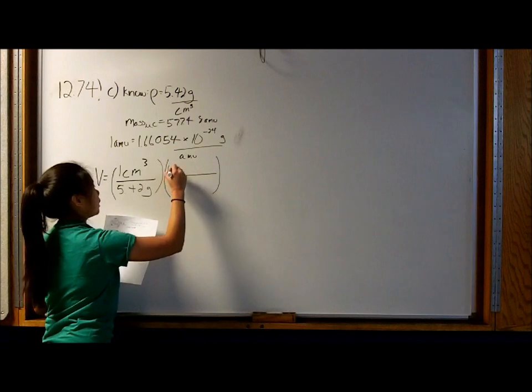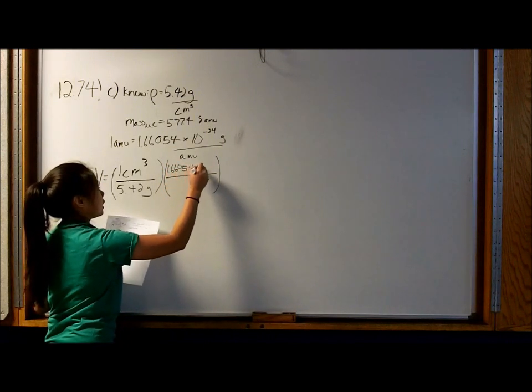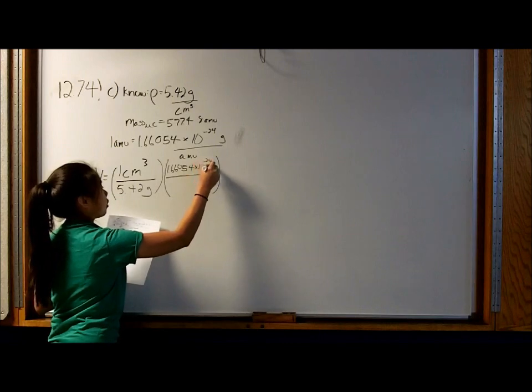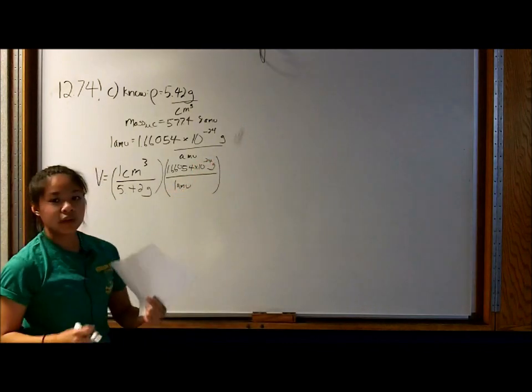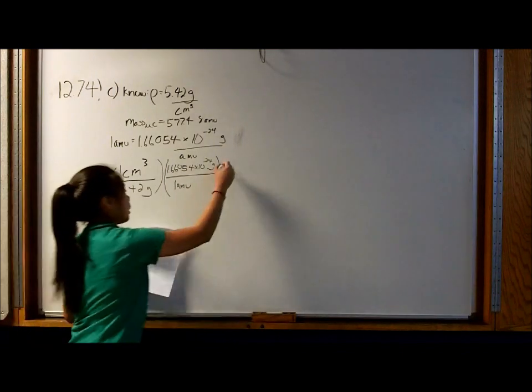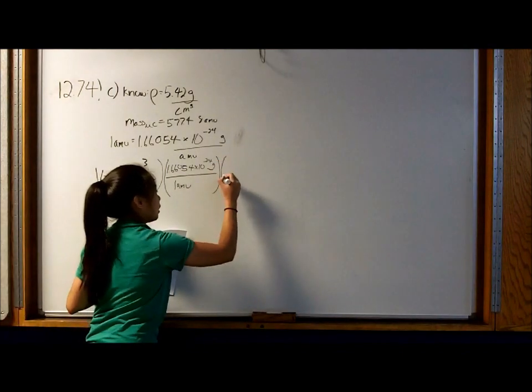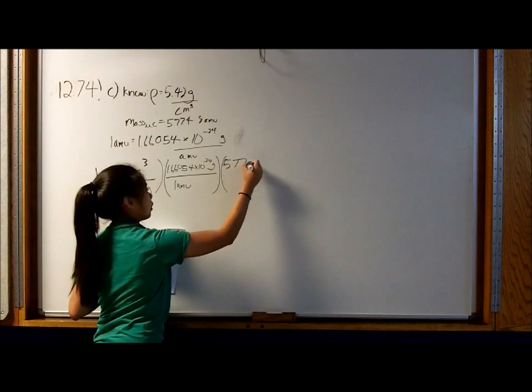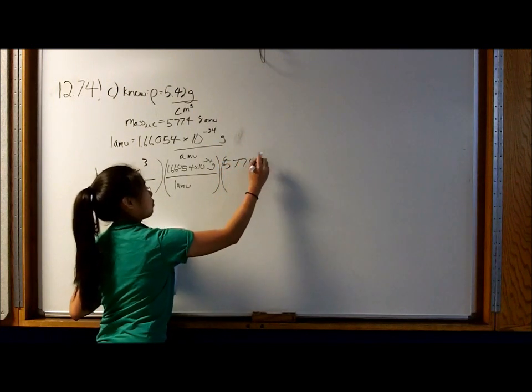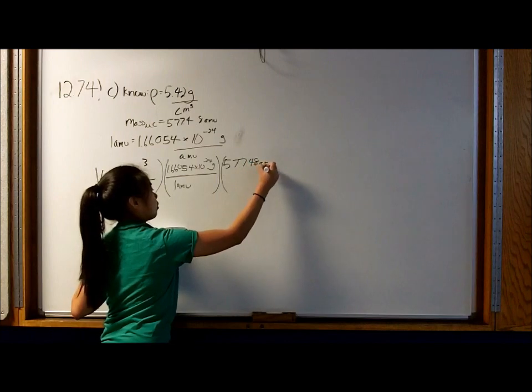I want to use this conversion right now so I can get to AMU and cancel it out eventually. So it's 1.66054 multiplied by 10 to the negative 24 grams per 1 AMU. And we know the mass in AMU, so we can write that in here: 577.48 AMU.